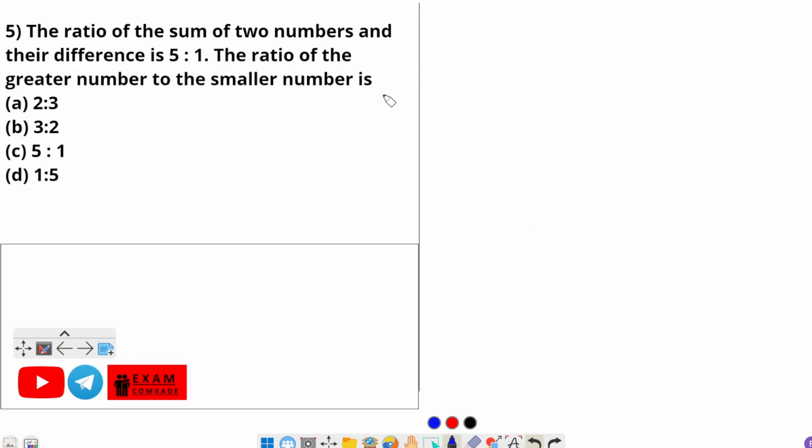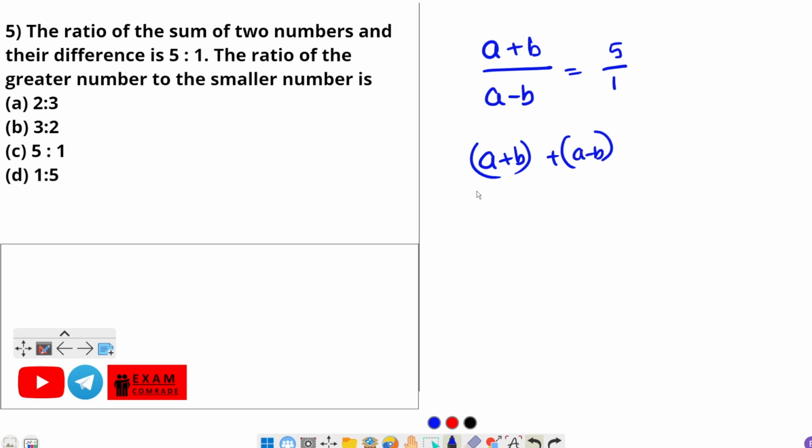Next question, the ratio of the sum of two numbers and the difference is 5:1. Okay, let's suppose the numbers are A and B. So A plus B is to A minus B is given as 5:1. Okay, using componendo and dividendo, what we get is A plus B plus A minus B, just for the sake of understanding, I'm writing all these things. You can simply write 2A by 2B on the left hand side.